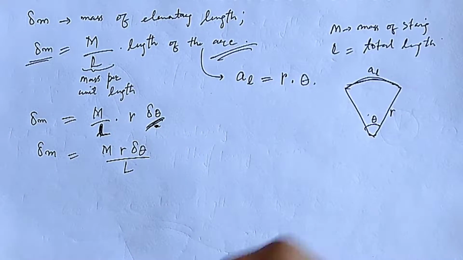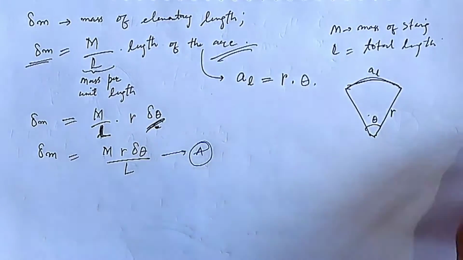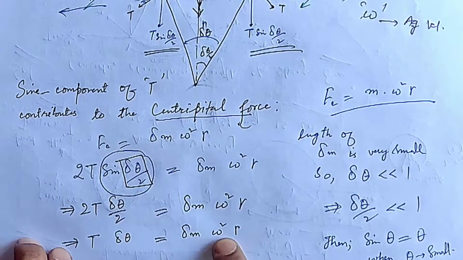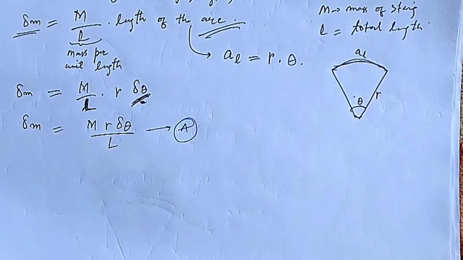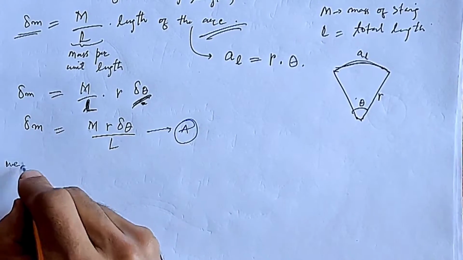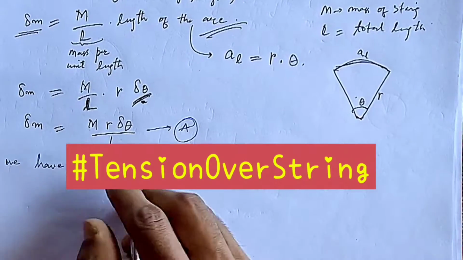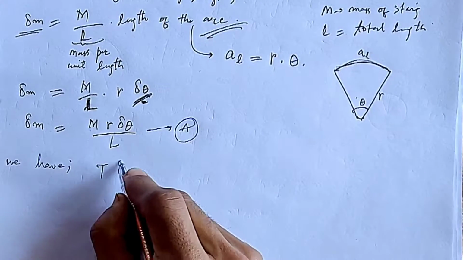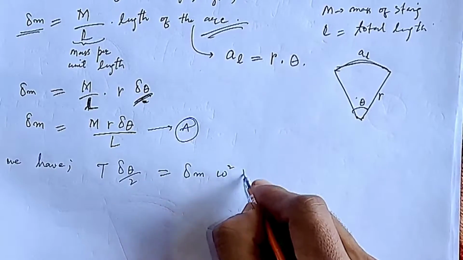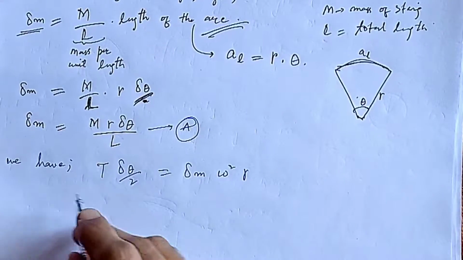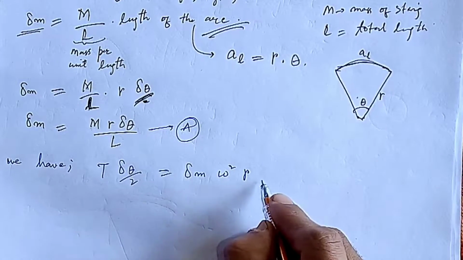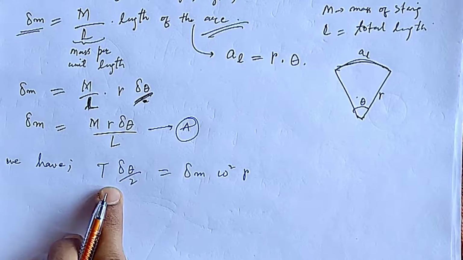So substitute this very thing in the earlier one here. T delta theta equal to delta m omega square R. I will write it down first. So we have T delta theta by 2 equal to delta m omega square R. This is the centripetal force, the cosine component contribution only.